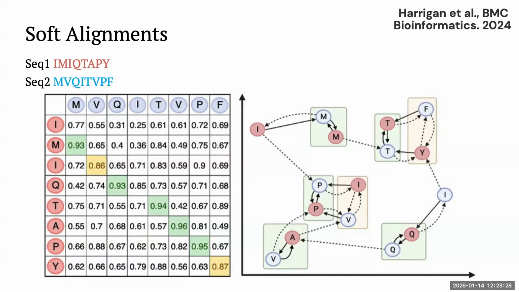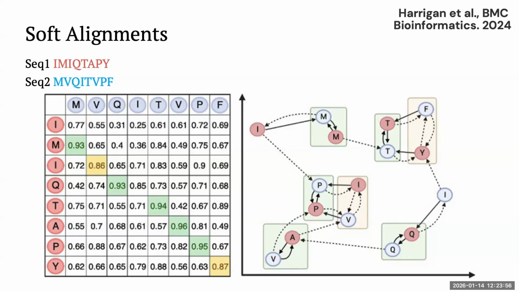And we have some yellow squares, which are cases where one is the second's best hit and the other is the first's best hit. So for example, if we look at this one, it has the highest score at 0.9. The second best score is 0.86. And this one has the highest score of 0.86, which is this one. So it has a yellow representation between the I and the V, which is this one here.